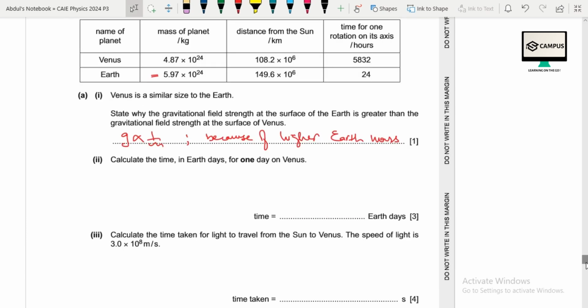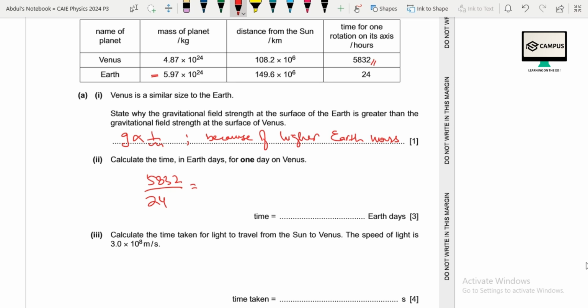All right, part two, calculate the time in Earth days for one day on Venus. From the table above, the time for one rotation on its axis is 5832 hours. That's pretty long days, right? So 5832 divided by 24 hours, which is one Earth day, would give you the time in Earth days for one day on Venus.